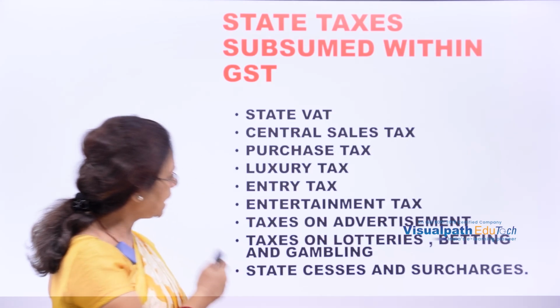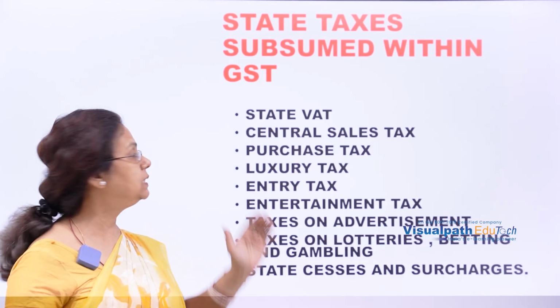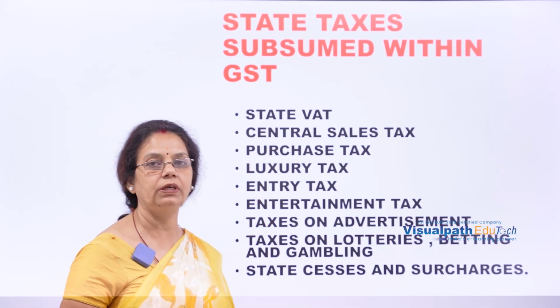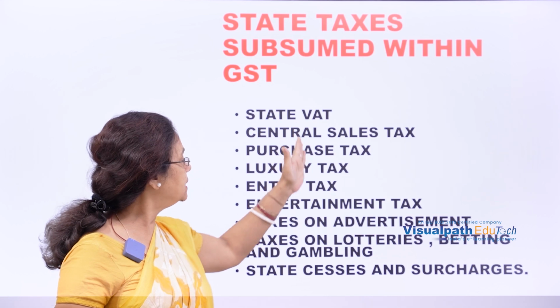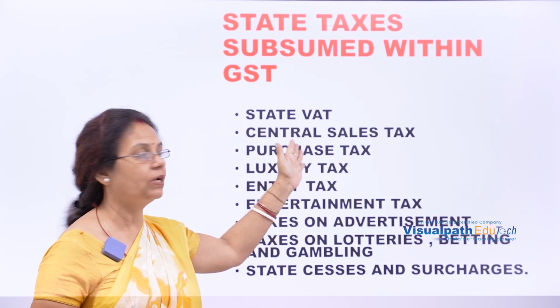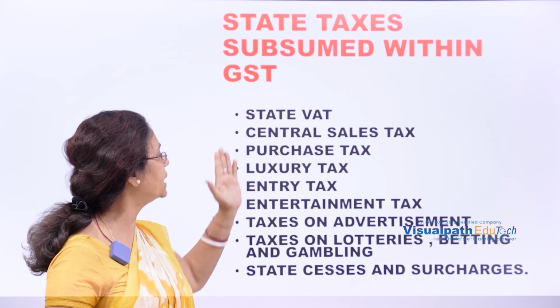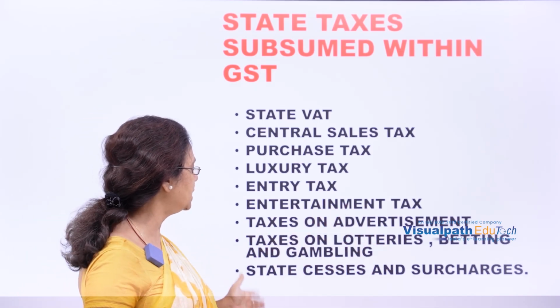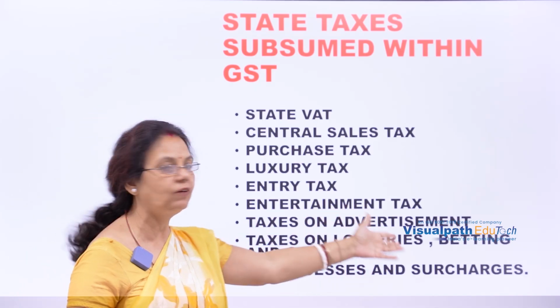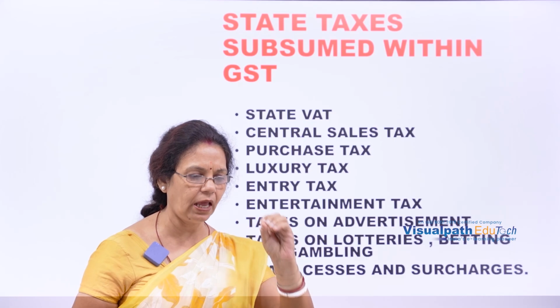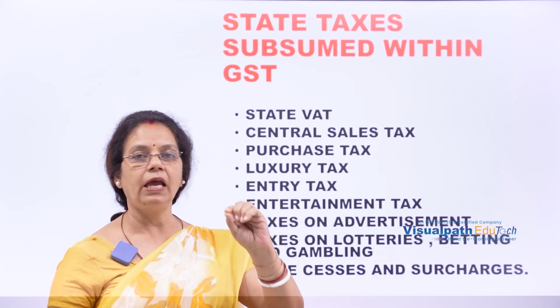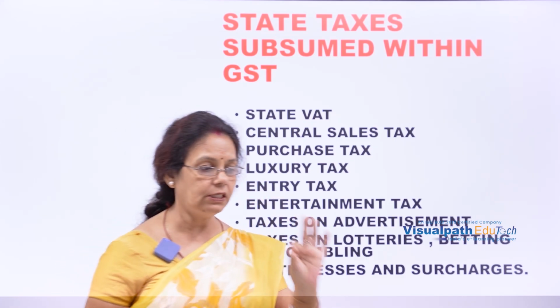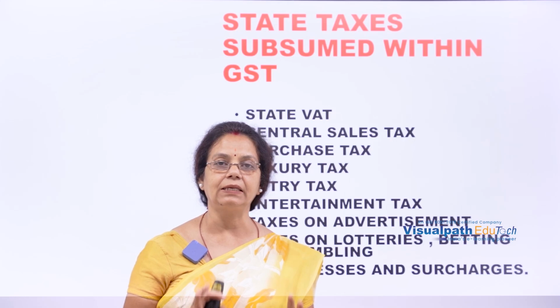See the list of the taxes? You can see different types of taxes over here. We can see the entertainment tax, central tax, VAT, purchase tax, luxury tax, lotteries, betting, state excise, charges, taxes on advertisement. So each and every commodity, each and every product, each and every field, the taxes were implemented.